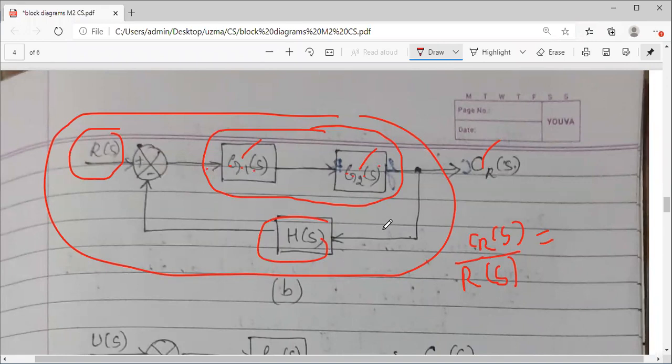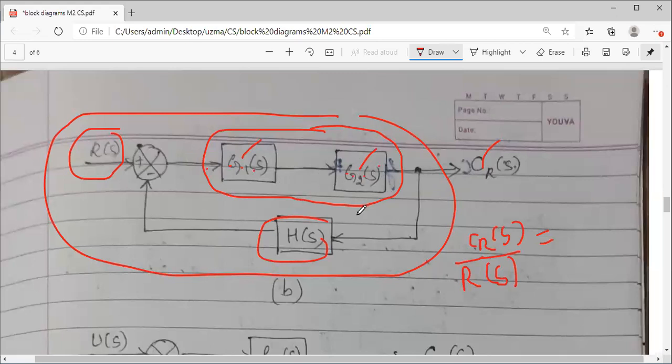Whenever resistors are connected in series, you add them, and when you take them in parallel, you take the inverse, something like that. So here also you can make the analogy: if the blocks G1 and G2 are connected in series like this, you should multiply them. Remember, you have to multiply when blocks are connected in series.